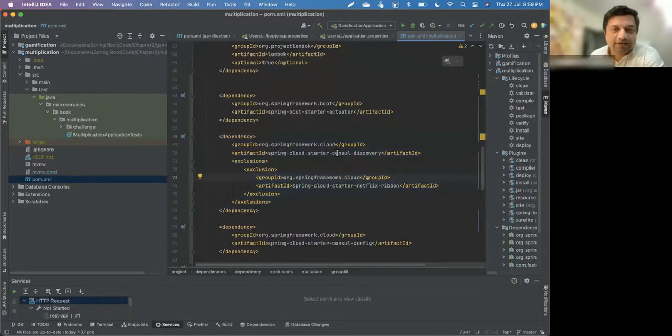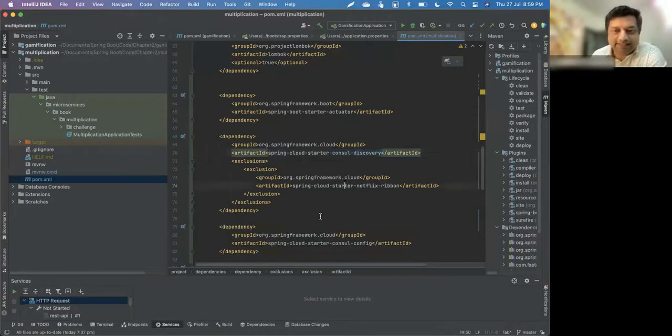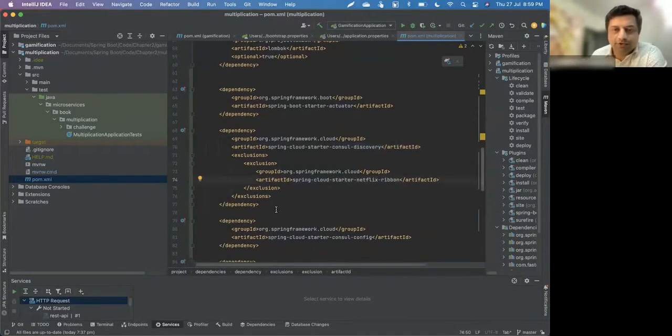When I put this Consul discovery, automatically this service will get initialized and it will be talking to the Consul module, which will be registering this service. So you don't have to manually put all the details. This is done by the framework. Whatever required details, this will be taken.